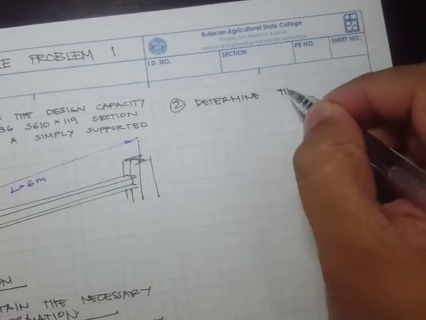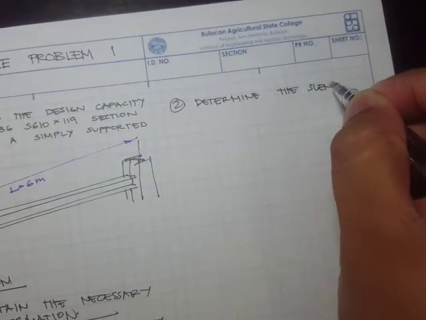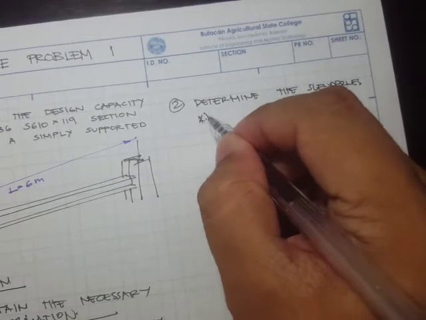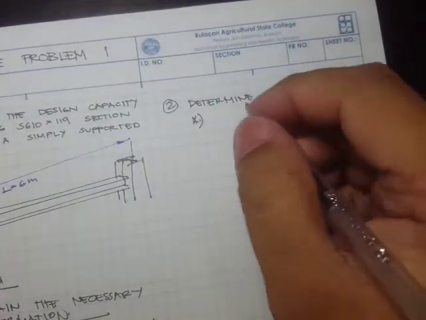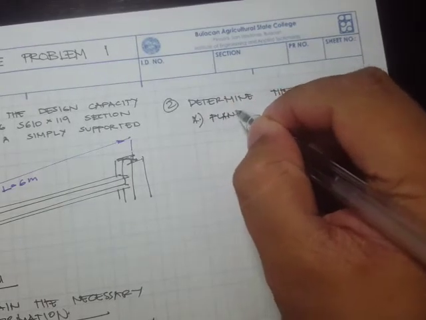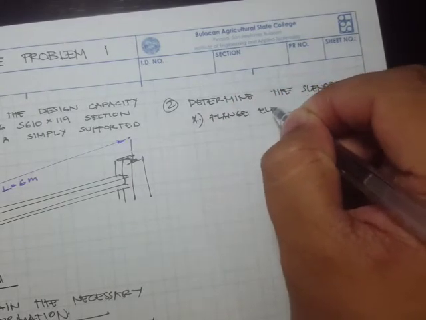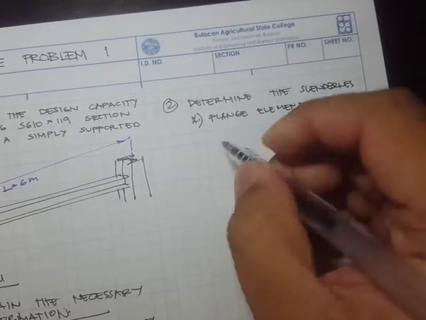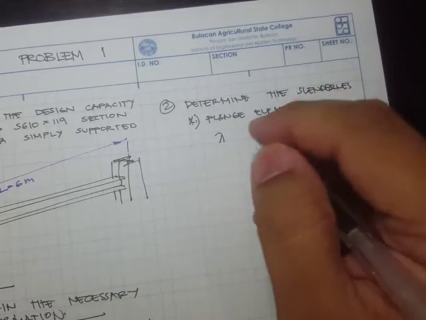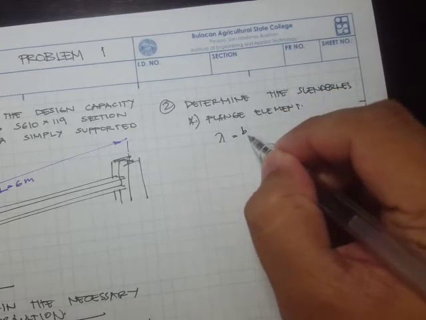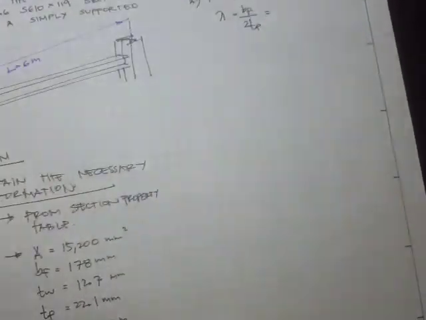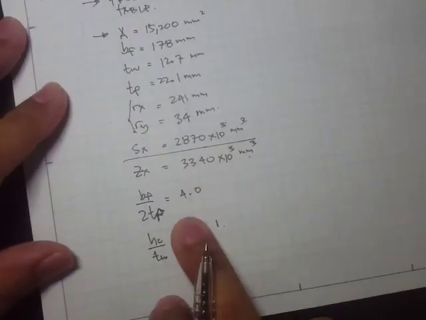I guess we can now proceed to the next step, and that's to determine the slenderness. The first one is, let's check the slenderness of the flange element. We have this symbol, the width to thickness ratio, and it's just simply bf over tf, which is 4.0.